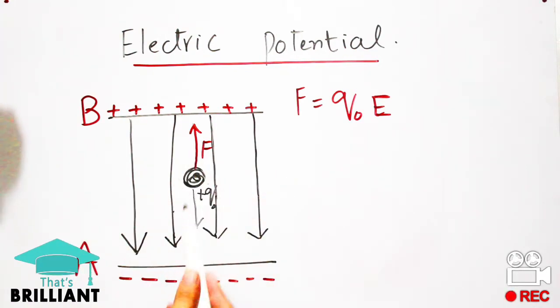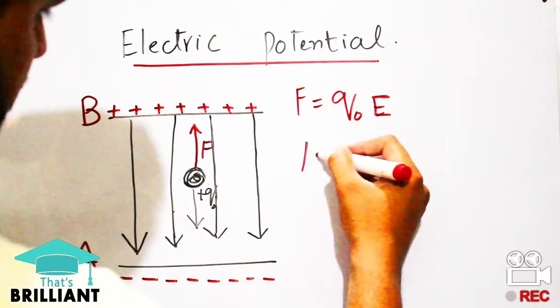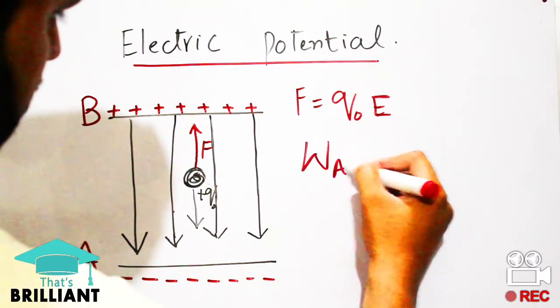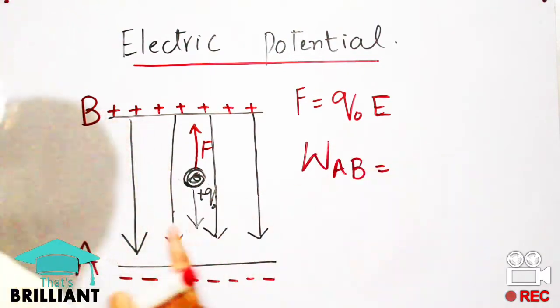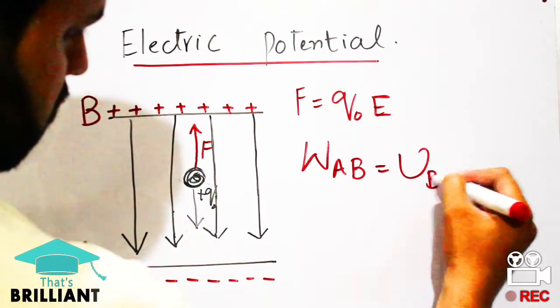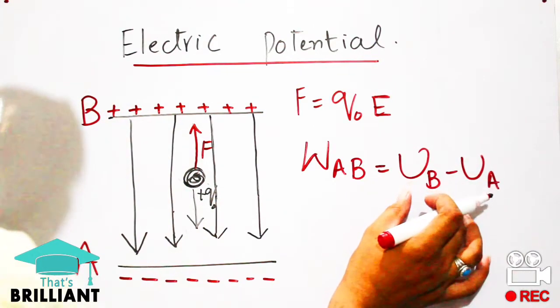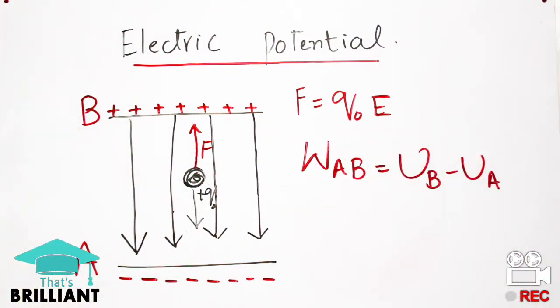So in this case we define one plate as B and the other as plate A. The names of the plates are known, and the voltage or potential will be in the form of work done from A to B, which is equal to the change in potential energy, UB minus UA, over Q, the charge.